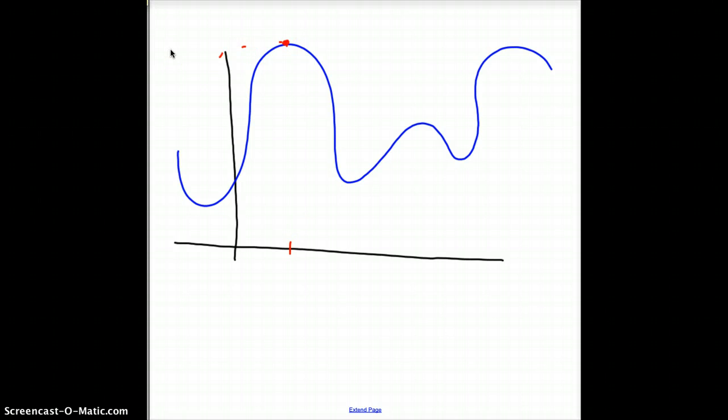It's very straightforward. When it asks you to do some estimating, maybe it might say, where on the graph is f prime of x equals 0? What that's saying is where's the derivative equal to 0? Where's the slope of the tangent line equal to 0? And on this graph, that happens right here, basically every time it changes direction. Here, and right here.